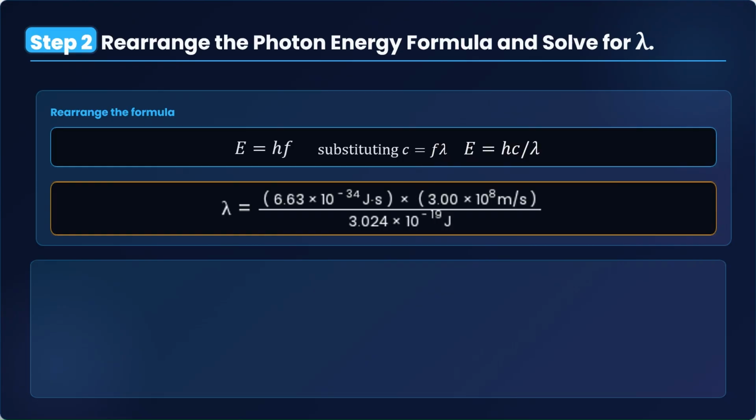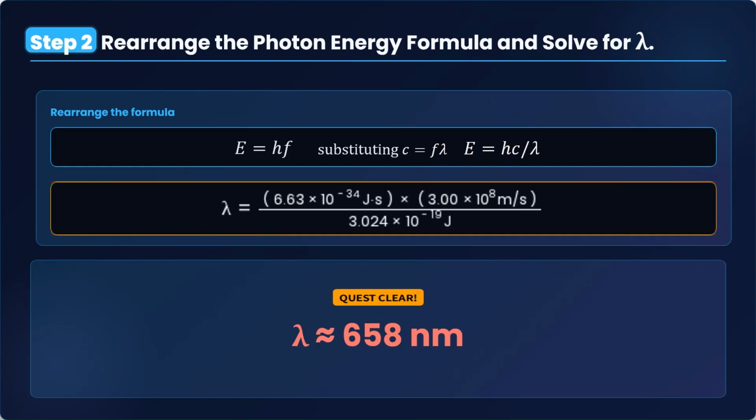Lambda equals 6.63 times 10 to the power of negative 34 times 3.00 times 10 to the power of 8, all divided by 3.024 times 10 to the power of negative 19. This gives approximately 6.58 times 10 to the power of negative 7 meters, or 658 nanometers.